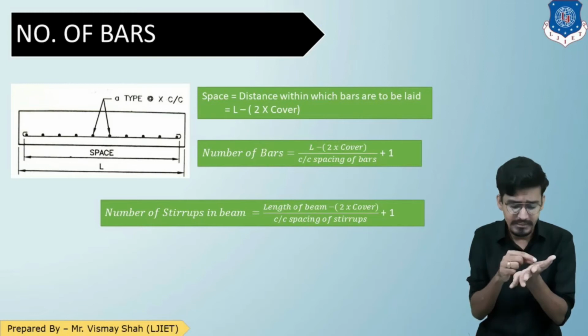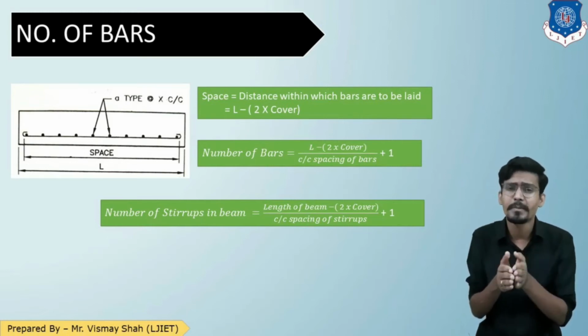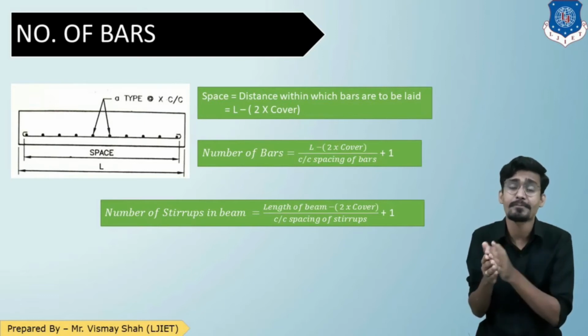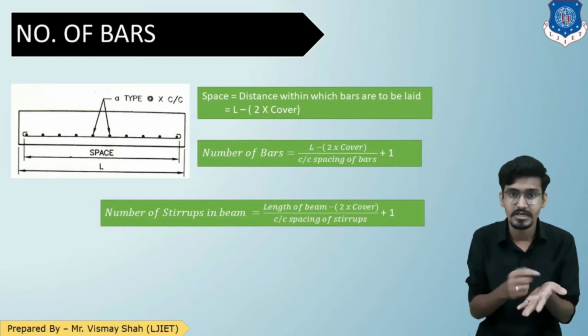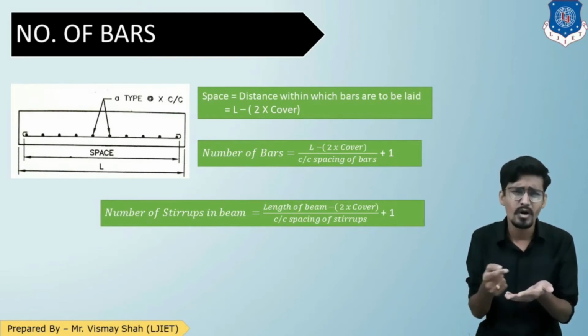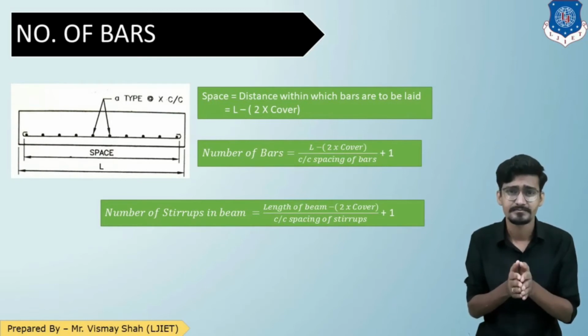So you cannot count the number of bars from the drawing itself. In column or beam, a number of reinforcements are provided. But in the slab, if the slab is of 5 meter, then the structural designer or the draftsman is not going to provide each single reinforcement. So you need to calculate the number of bars. How to calculate? Let us see.